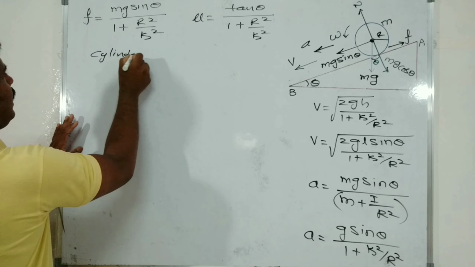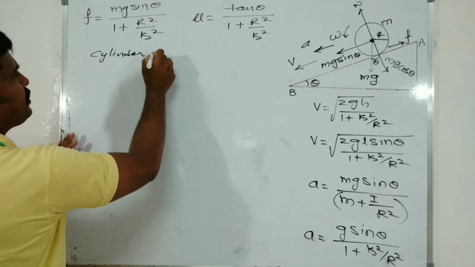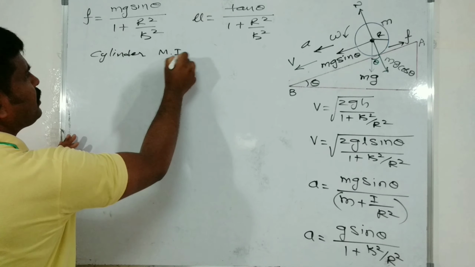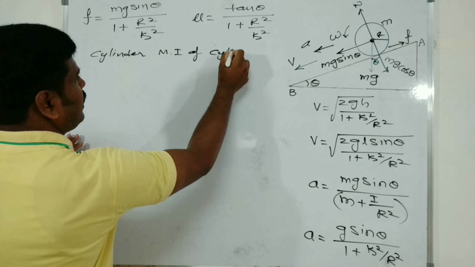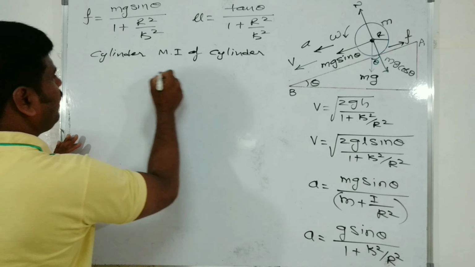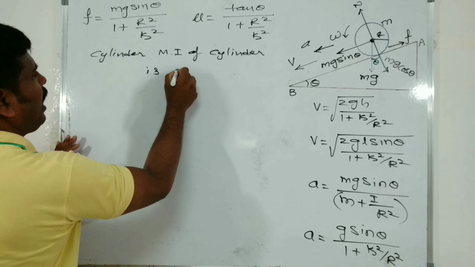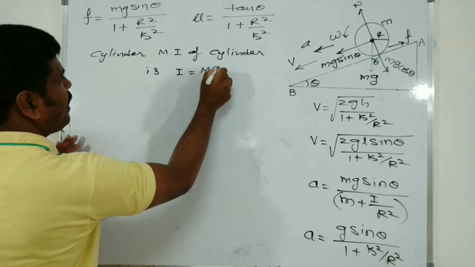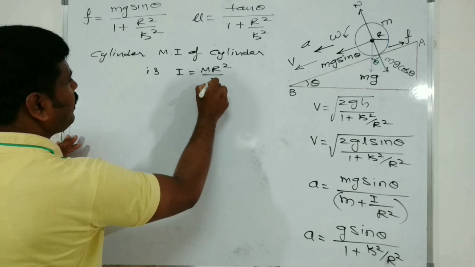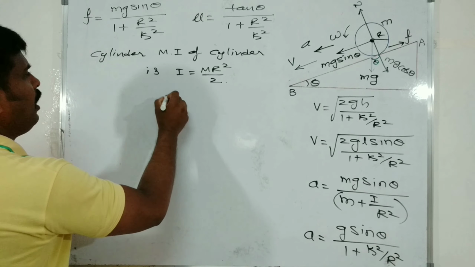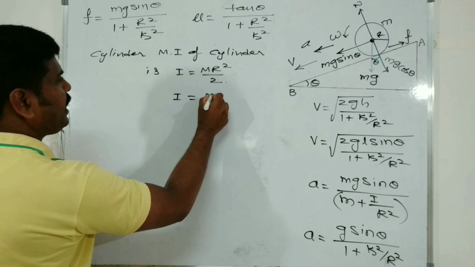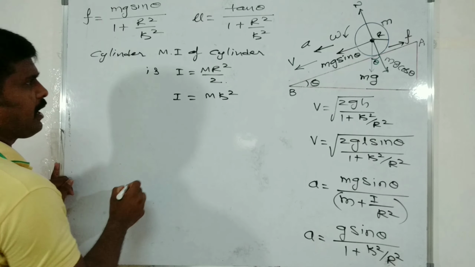Moment of inertia of a cylinder is I equal to mr square divided by 2. Okay, so what is our basic formula? Moment of inertia is equal to mk square.